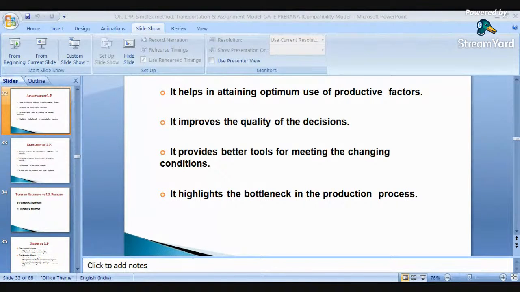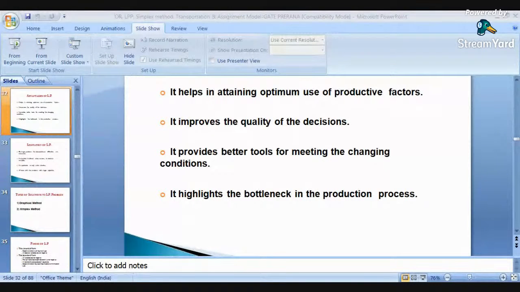So the same transportation problem, without applying the Vogel approximation method or the modified distribution method, Modi's method, we can even solve with the help of a linear programming problem, because it is a part of the LPP only. The transportation model is a subcase of the LPP.